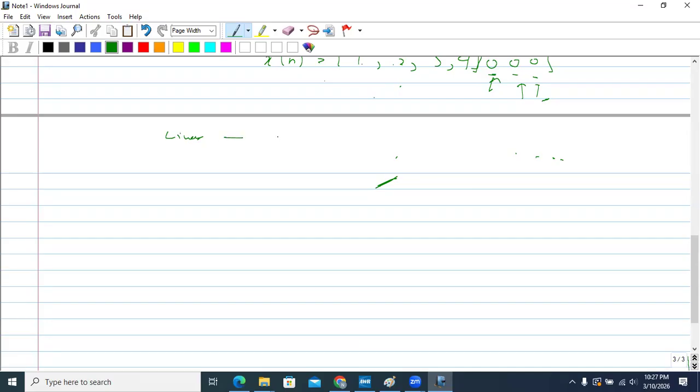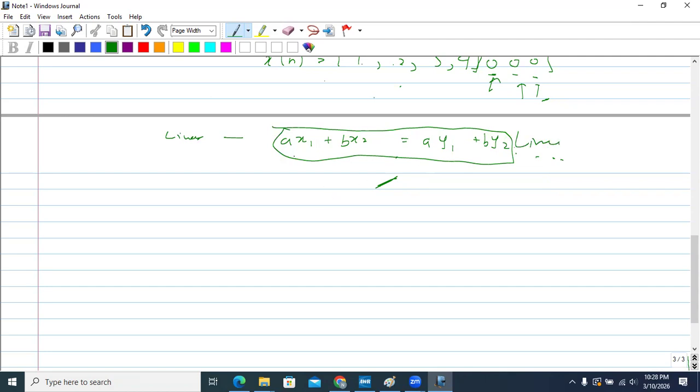That means if you are given a signal x1 and another signal x2, and for x1 the output is y1 and for x2 the output is y2, and the inputs are combined with one weightage and another weightage, the output will also be with the same weightages and the same signal addition. So that is a linear system.